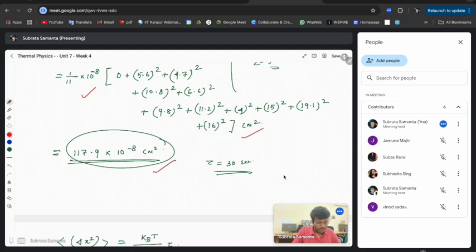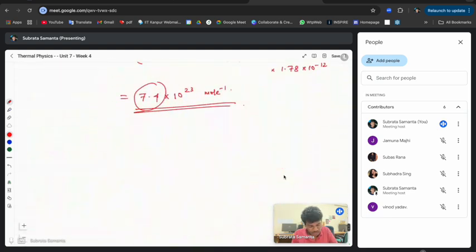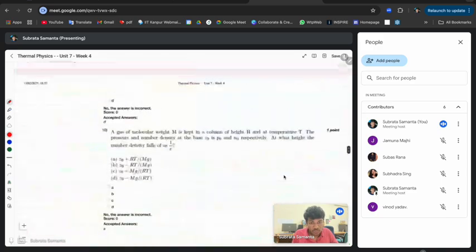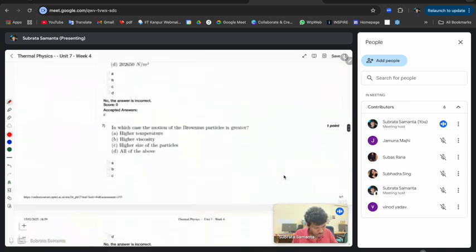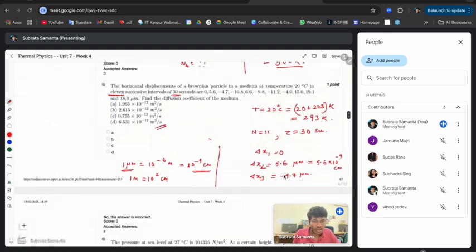Sorry, centimeter square. We convert into SI units, since in this problem the answer is given in SI units. So I will use SI units in this case.